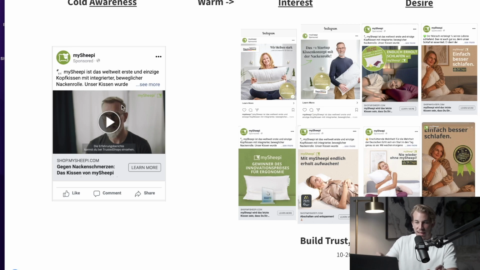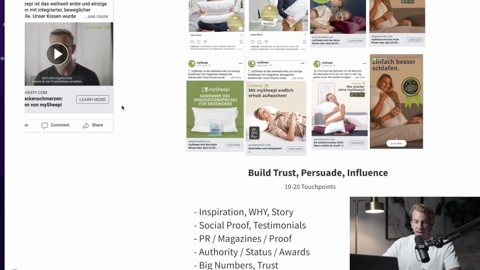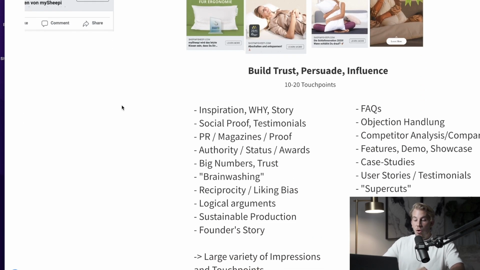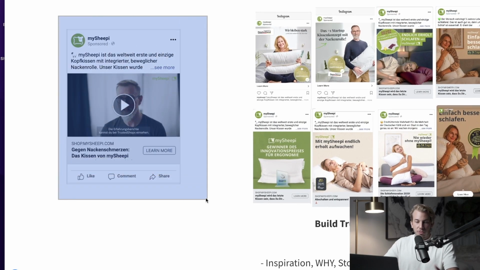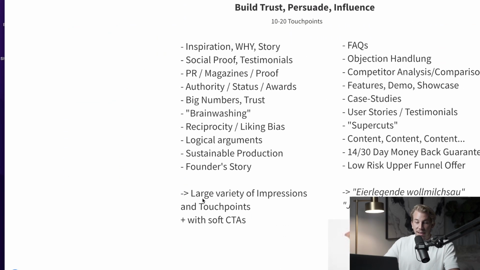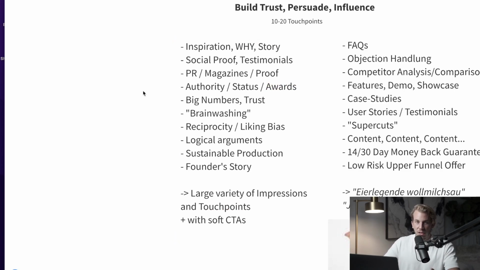So all these ads now should create a network of different touch points and different knowledge points about your brand. And they should think, oh, wow, this brand where I watched this crazy video, they're actually selling a really nice product. They are actually a growing brand. Oh, wow, I didn't know that. I didn't know that they won this number one best product in 2022 award.